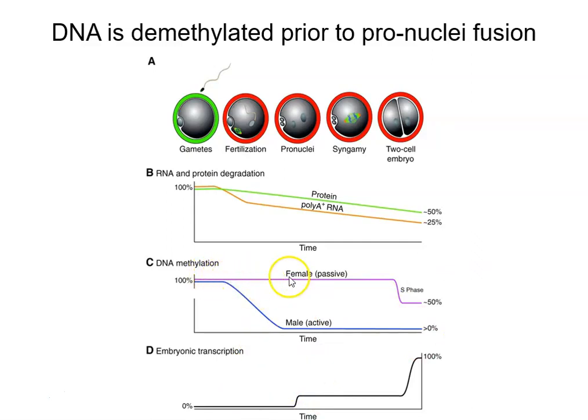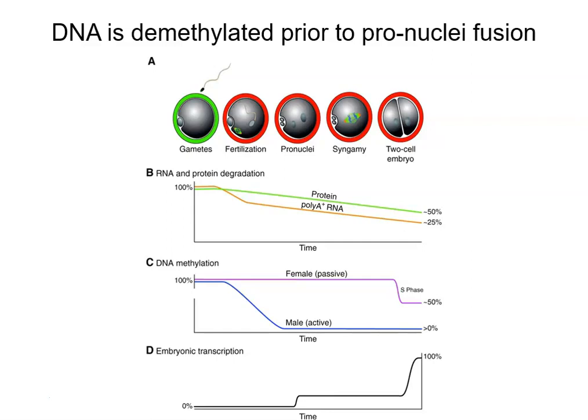The female derived DNA is passively demethylated. That is, when the cell undergoes cell division, the DNA methylation patterns are not maintained, so that as we go to the two-cell embryo stage, the female DNA is 50% methylated compared to what it was.